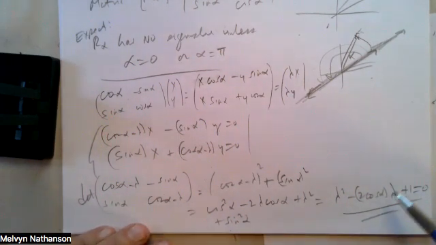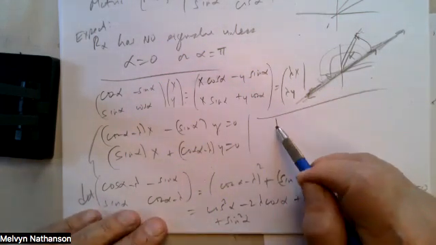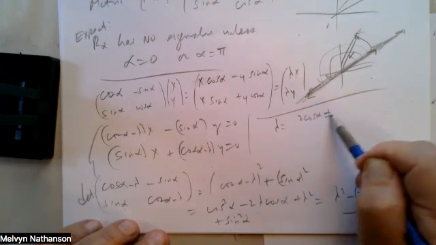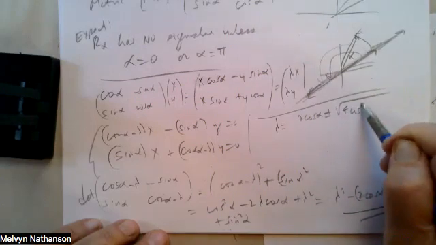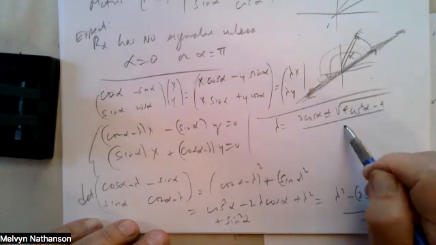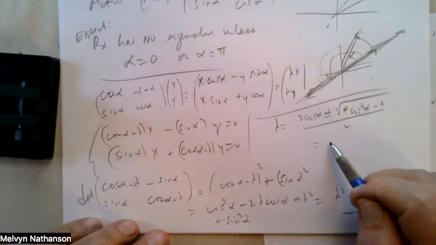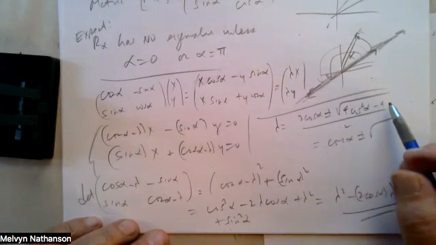So we have to use the quadratic formula. Lambda is minus b plus or minus the square root of b squared minus 4ac over 2. That's equal to cosine alpha plus or minus the square root.